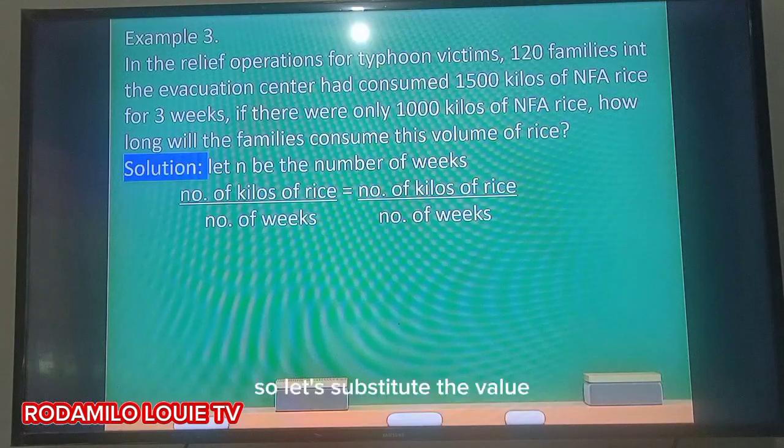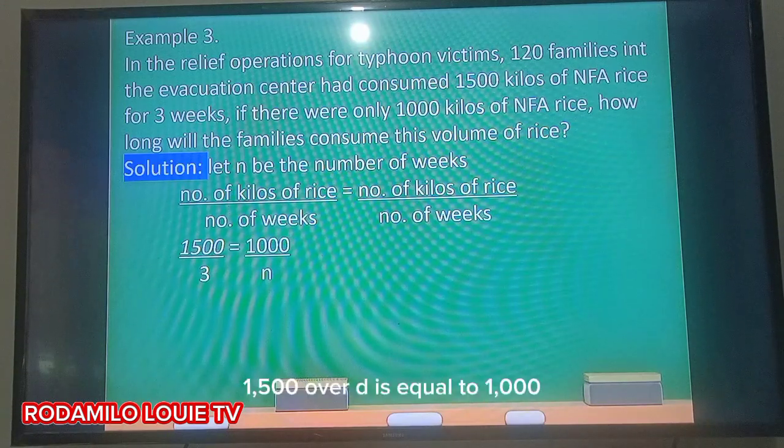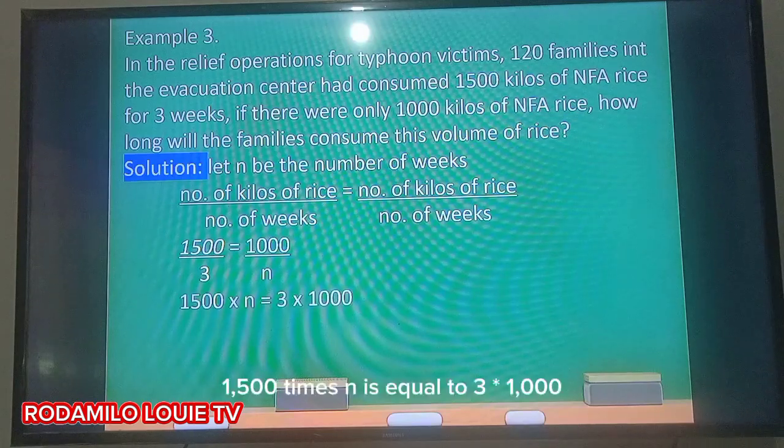So, let's substitute the values. 1,500 over 3 is equal to 1,000 over n. So cross product: 1,500 times n is equal to 3 times 1,000.